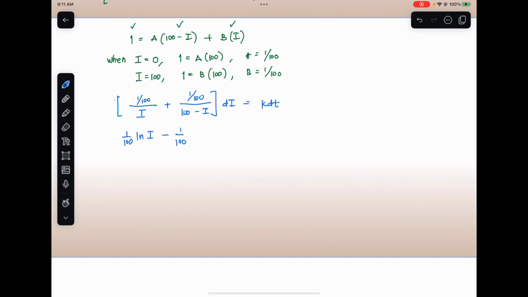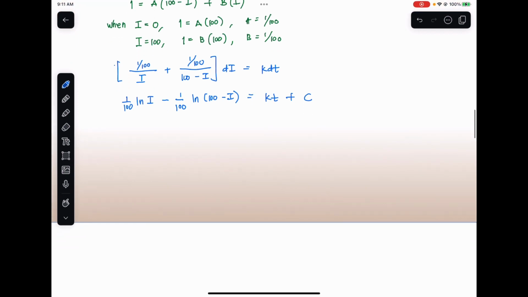That would give us negative 1 over 100 ln of 100 minus I is equal to kt plus c. And then we remove the 100 by multiplying everything by 100, giving us ln I minus ln of 100 minus I is equal to 100 kt, and c times 100 will still be c.